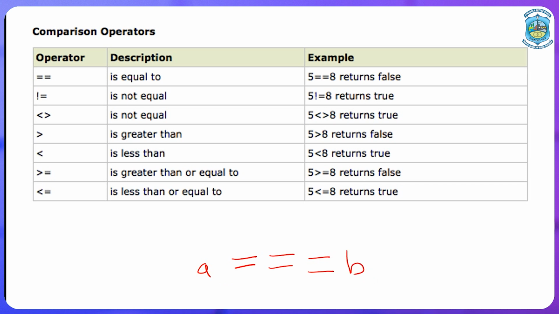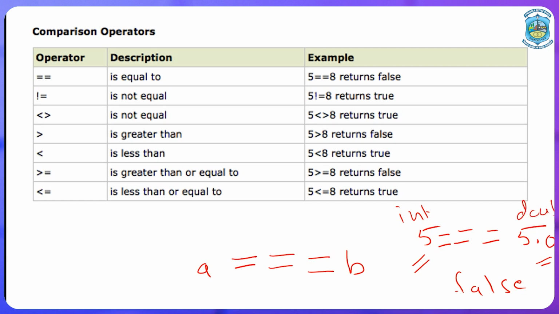If we say 5 is equal to 5, this statement is correct. If I say 5 is equal to 5.0, this is also correct, but if we use three equal signs, the result is false, because the magnitude of the values is the same, but the data type is different. Here it is integer and here it is double.